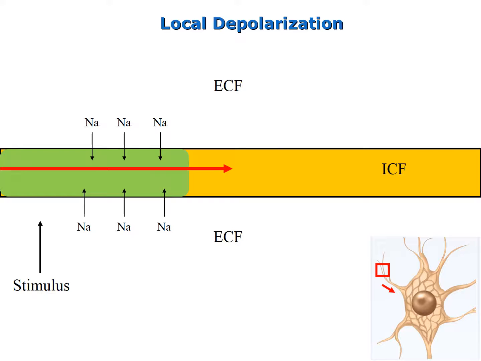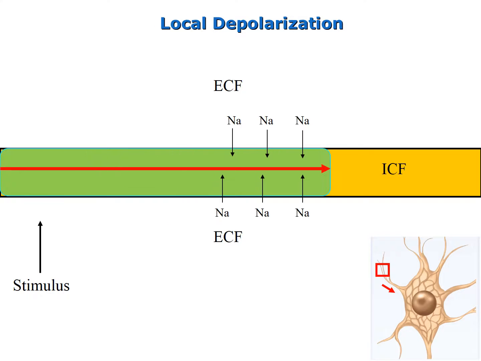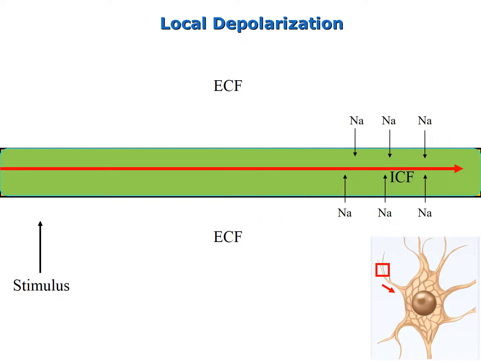That depolarization causes adjacent sodium channels farther away from the original stimulus that are also sensitive to voltage to open, allowing sodium to move into the cell. Thus, we have this domino effect as sodium channels open farther and farther away from the stimulus, and therefore we have this depolarization that is moving from the site of the stimulus down the dendrite toward the soma, and if strong enough, eventually to the axon hillock.